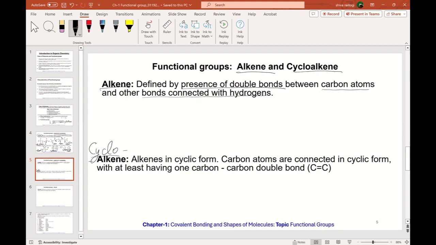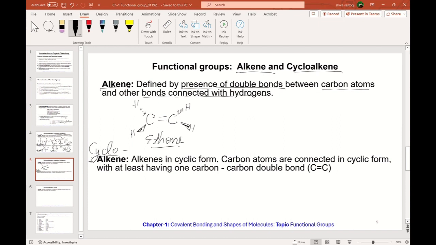So for an example, carbon double bond carbon, and the other 2 hydrogens will be connected by these carbons. So this is called alkene or ethene.